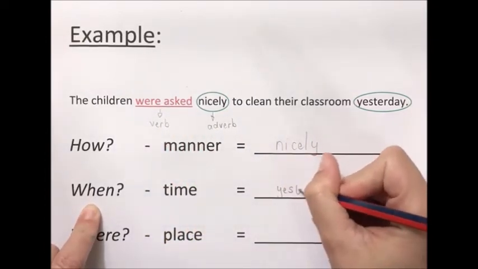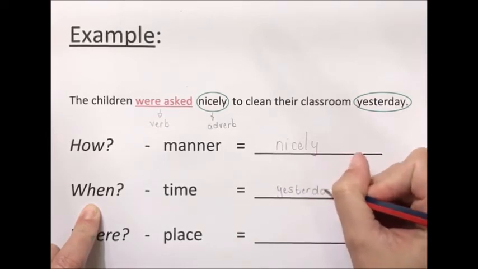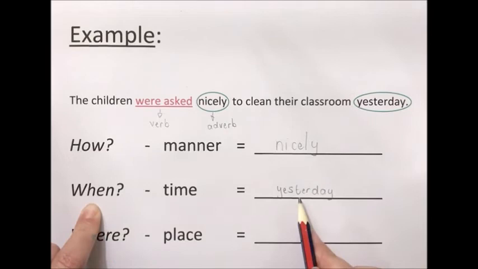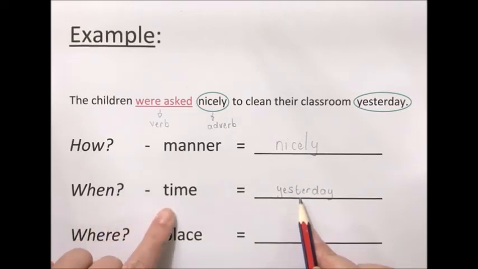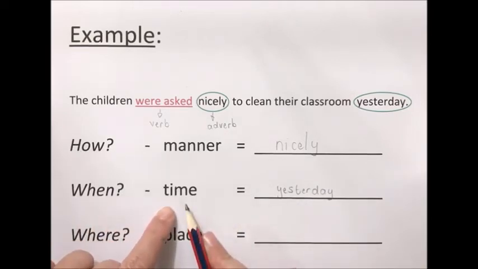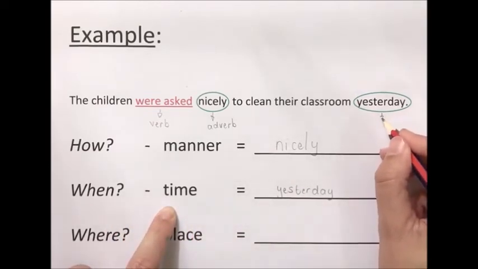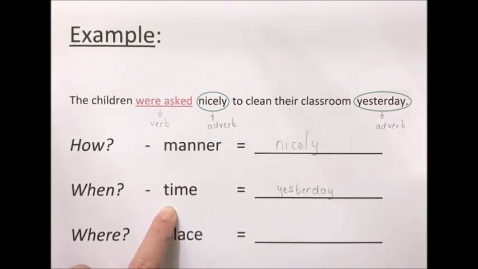Yesterday is also an adverb. If we could answer the question when, it makes yesterday an adverb of time. Not of when, that's just the question, of time. So yesterday is also an adverb.